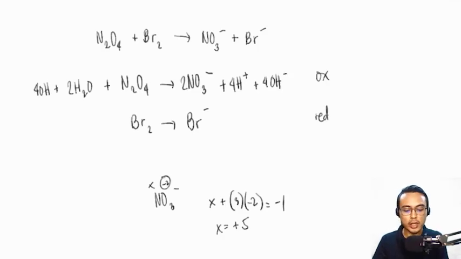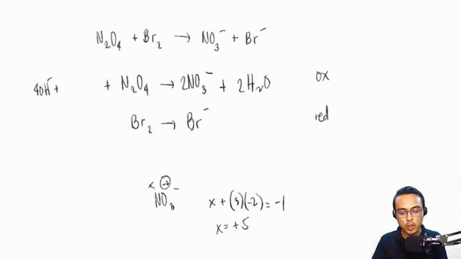What that does is 4H plus 4OH becomes 4H2O. And then you have 2H2O on the reactant side, 4H2O on the product side. This can be subtracted, giving us 2H2O. So our balanced reaction is now 4OH minus plus N2O4 yields 2NO3 minus plus 2H2O.